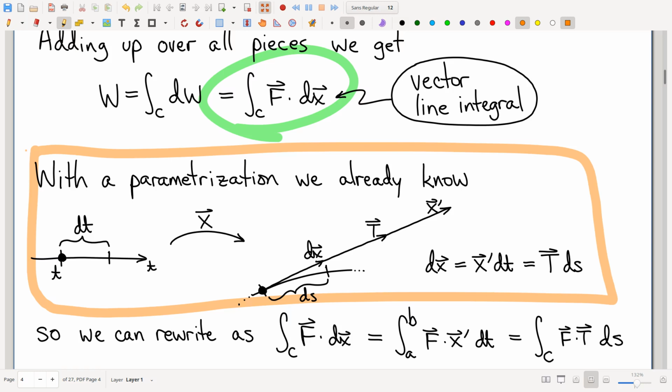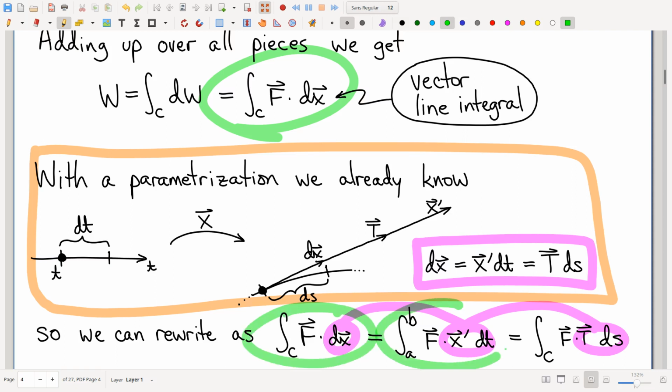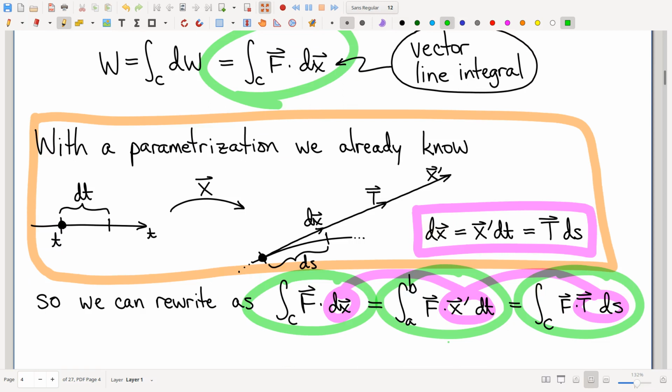And in particular, these 3 different ways to write the dx vector give us 3 different notations that we can use to represent vector line integrals. And depending on the scenario, you might like one or the other of these. It depends on the circumstance. All very reasonable. Pausing again. Questions?